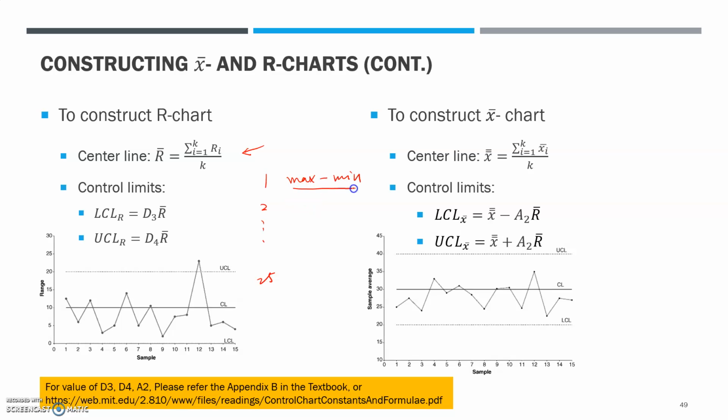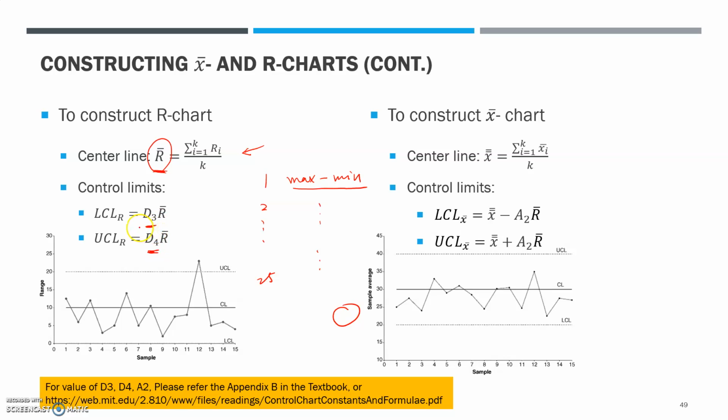Range is the difference between maximum and minimum, and you do this calculation 25 times, you get the average. That becomes your average range. Okay, that is one way to measure the process variability. With this obtained, to construct a control limit, you multiply by D3 and D4.